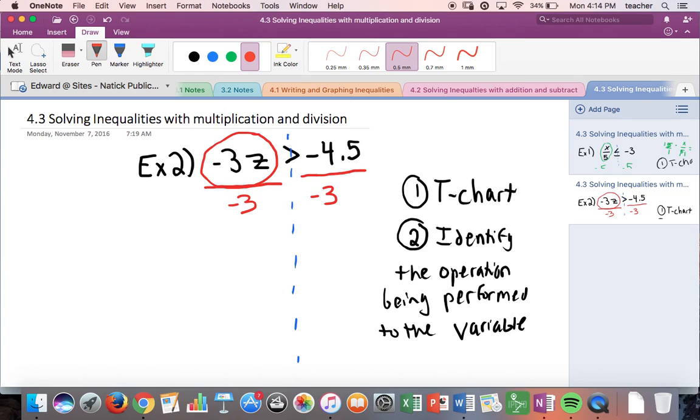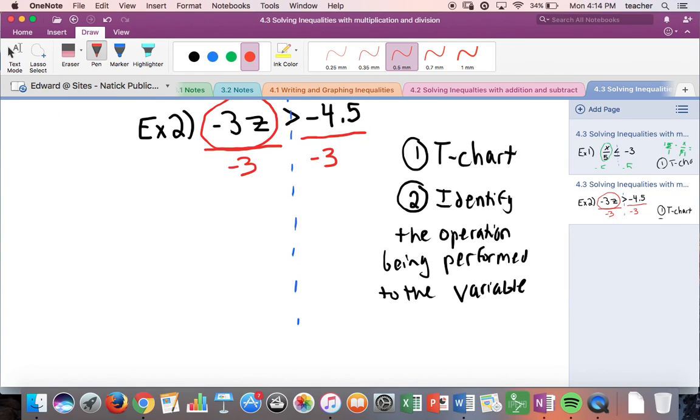Then I have to notice something really important here. I'm going to do this in red since my last step was in red. This is extremely important. I'm going to quadruple star this because of how important this step is.